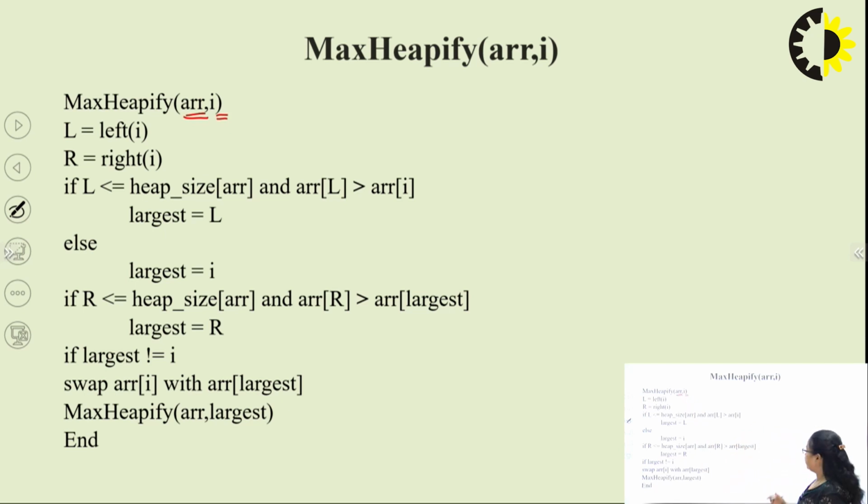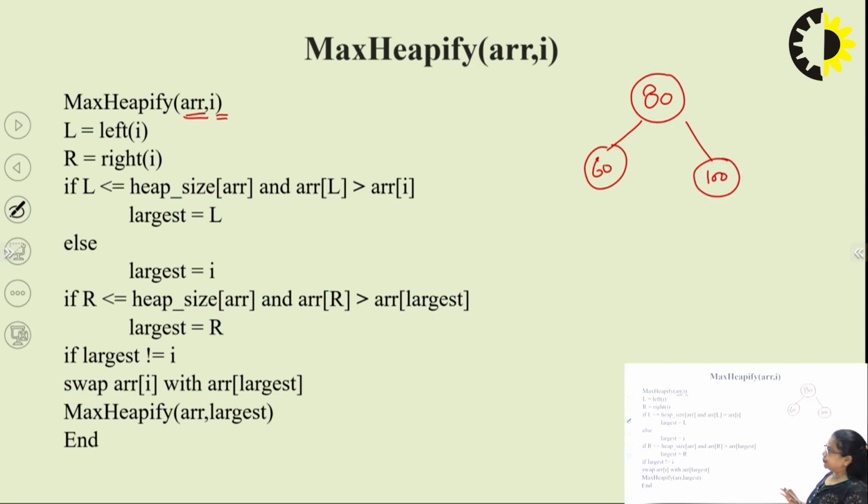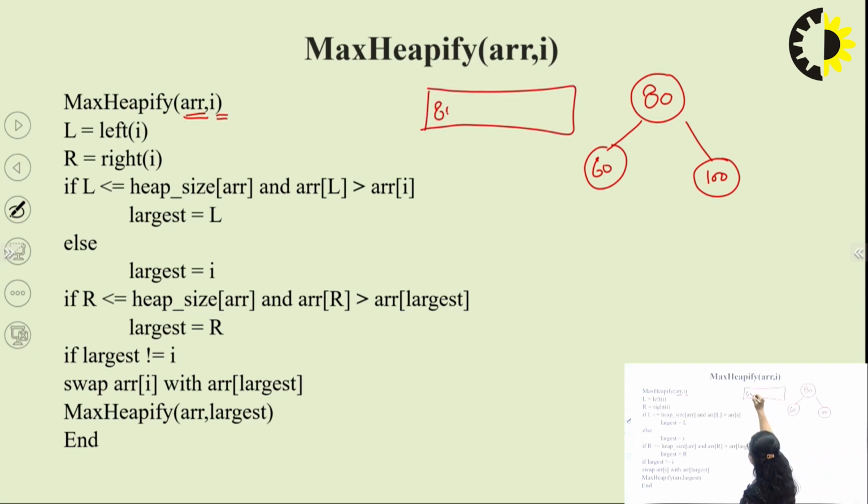Suppose I show you an example. If I say this is 80, right? Then after that, this is 60, and for example this is 100, right? So if I'm talking about calling max heapify on this, suppose this is an array, like we have 80, 60 and then 100.